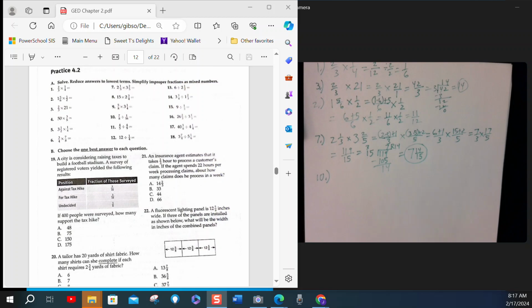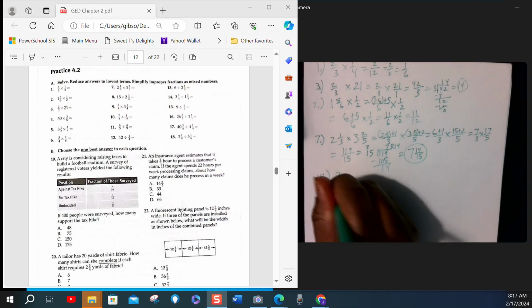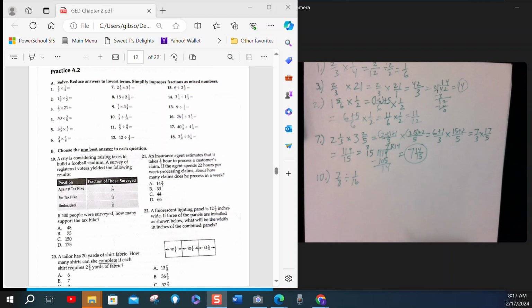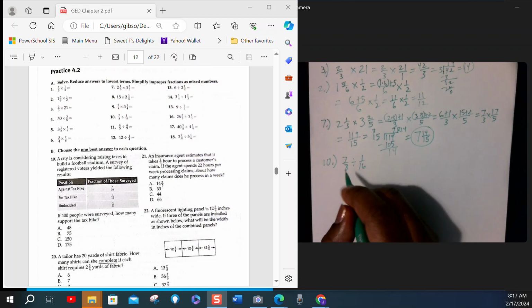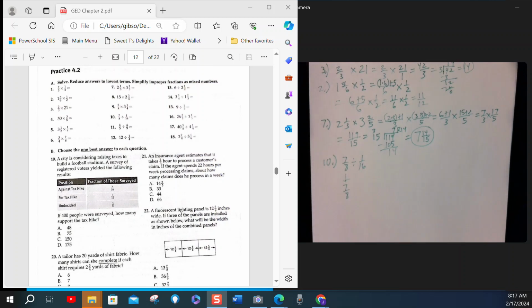Problem 10, we have 7/8 divided by 1/16. Now, when you have a division of fractions, this is how it goes. And I'm going to do this vertically because it's a little easier than doing it horizontally. So, when you have your two fractions, your first fraction stays the same.